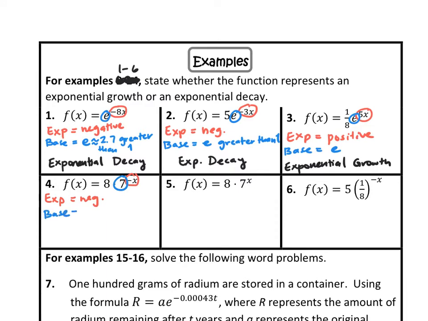The base is equal to 7, but it's greater than 1. It's still greater than 1. So it's the same situation as example 1 and example 2. So my conclusion is we have exponential decay.